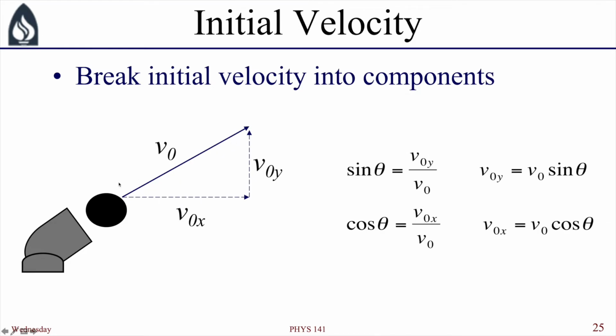If that is the case, then we will need to break this motion into x and y components using trigonometry. If theta is the launch angle, then as you can see here, we can use the sine of that launch angle to figure out the y component of the velocity, and the cosine to figure out the x component of the initial velocity.